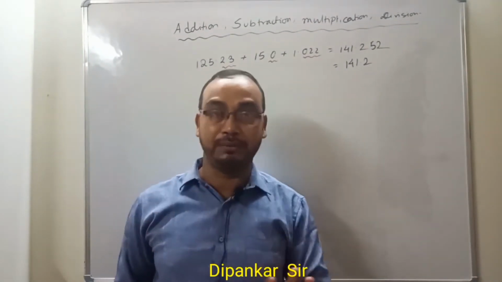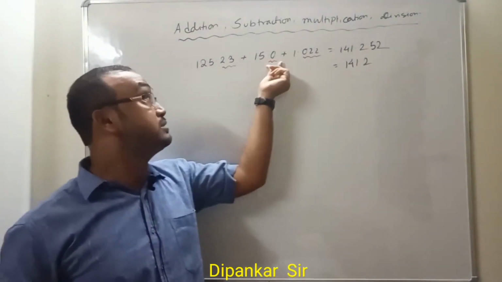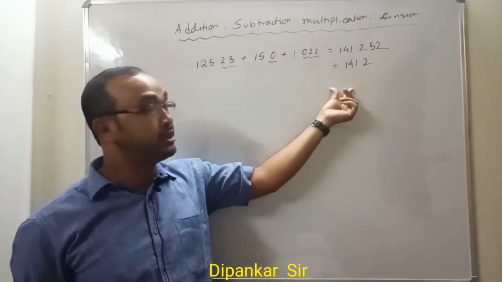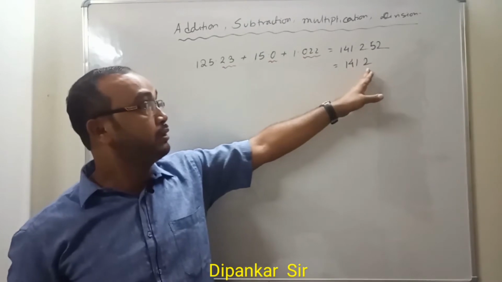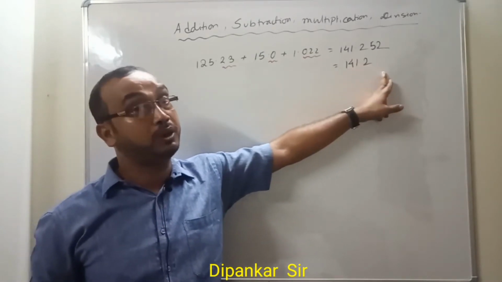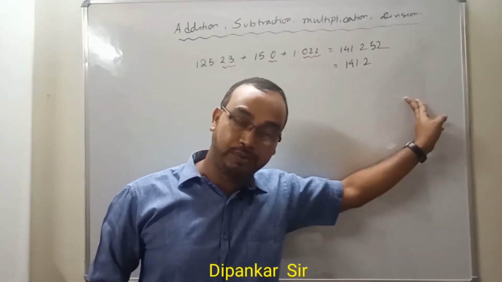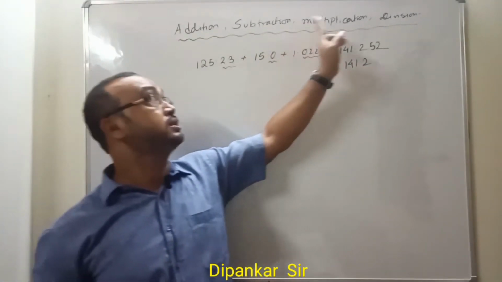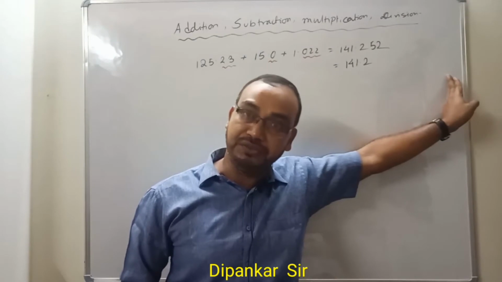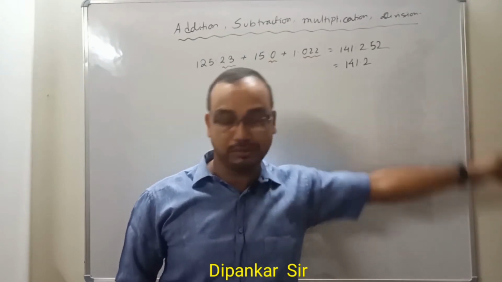Here 1 is the least number of digits. So the answer will have only 1 digit after the decimal. The same thing applies for subtraction, multiplication and division. Clear? Okay.